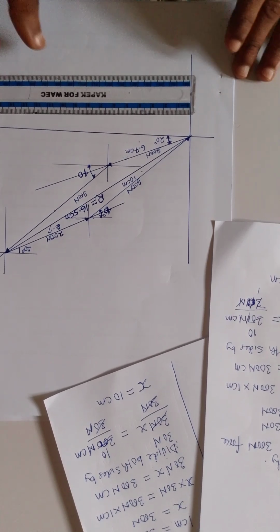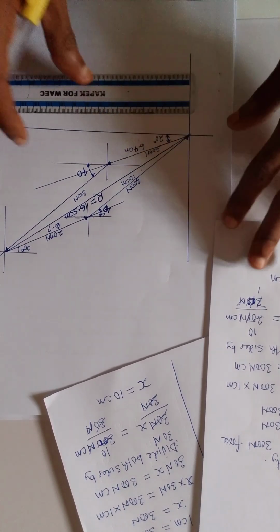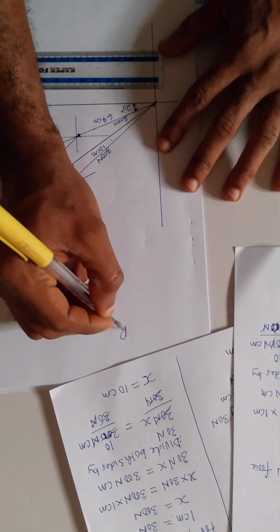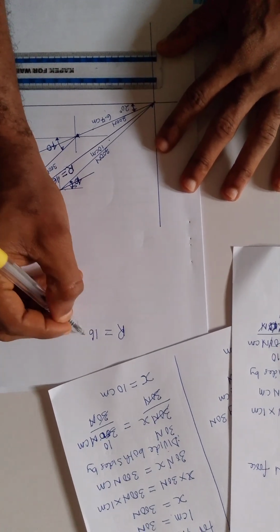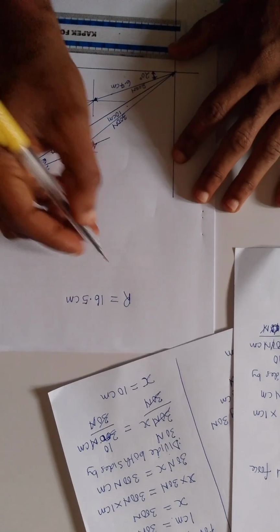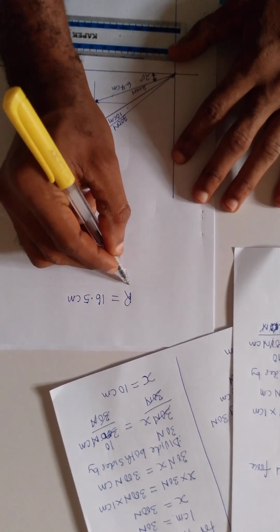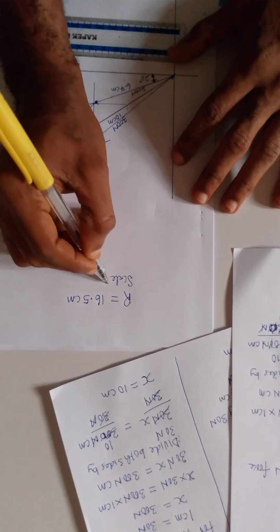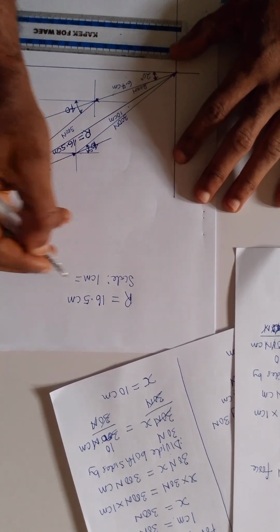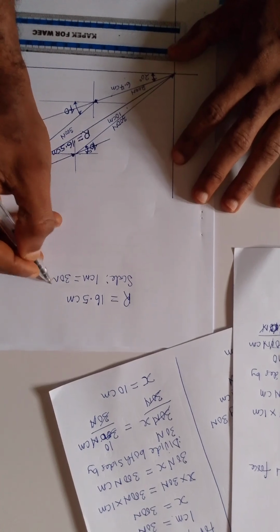And so because our force is not in cm, we have to convert it from cm to Newton. And so we have that our resultant is equal to 16.5 cm. So we remember that the scale we used was 1 cm equal to 30 Newton.